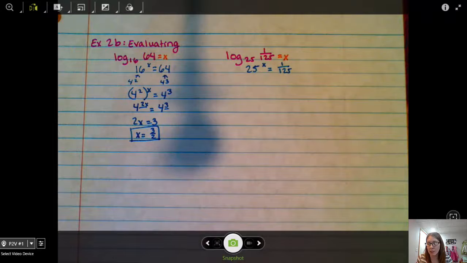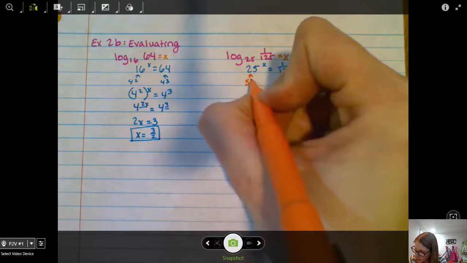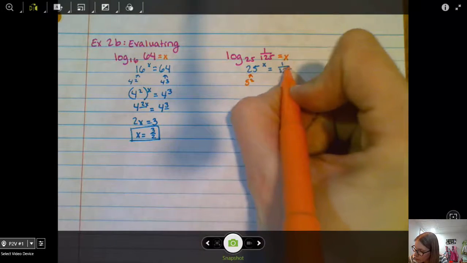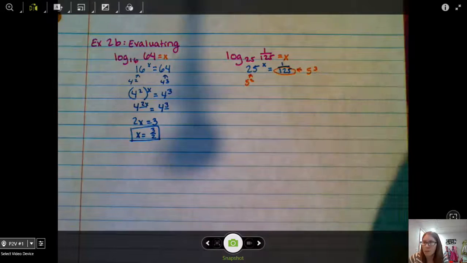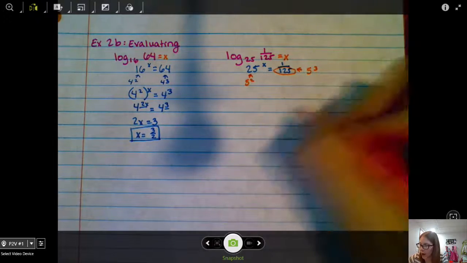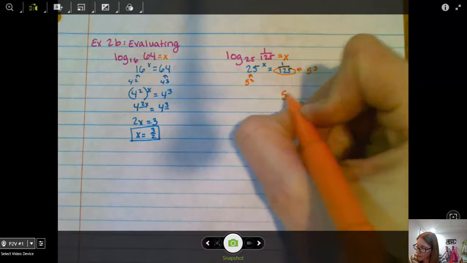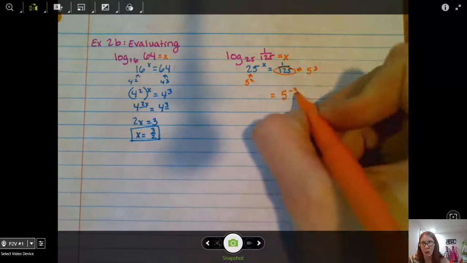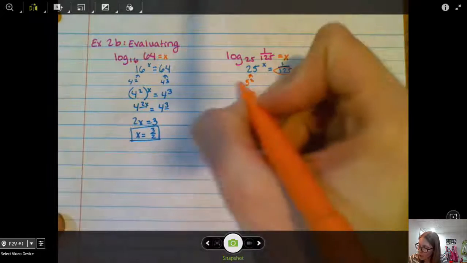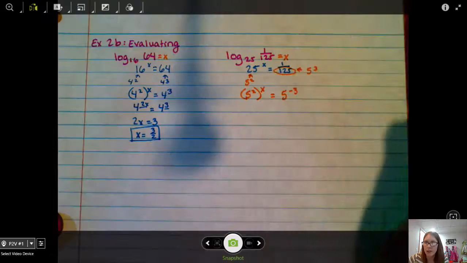Now hopefully you recognize pretty quickly that 25 is 5 to a power, and 125 is 5 to the third power. Okay, so that means 1 over 125 is really 5 to the negative third. The negative exponent makes it 1 over, and then 25 is 5 squared to the x.